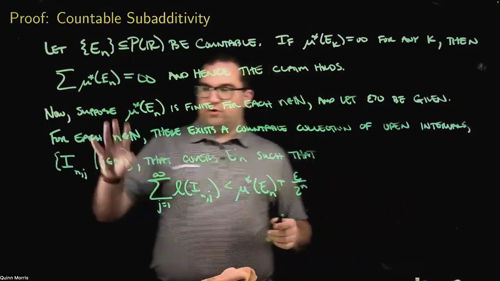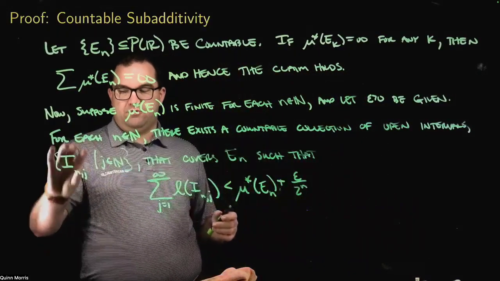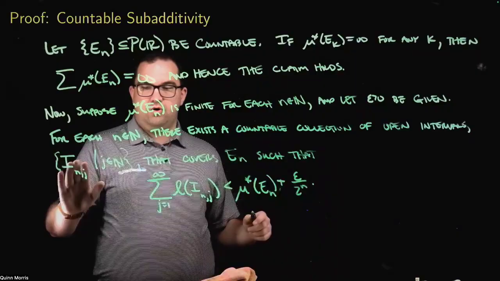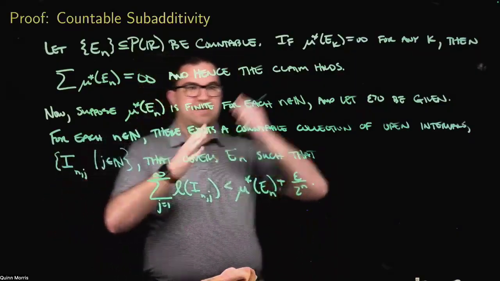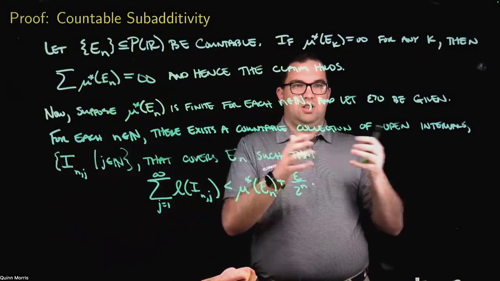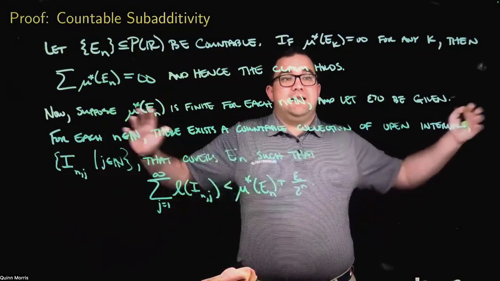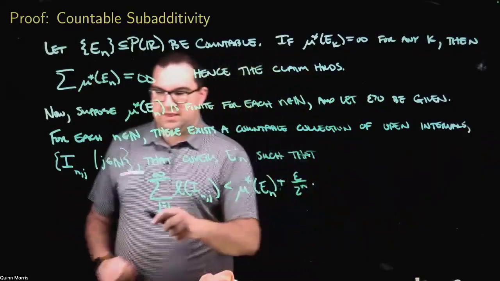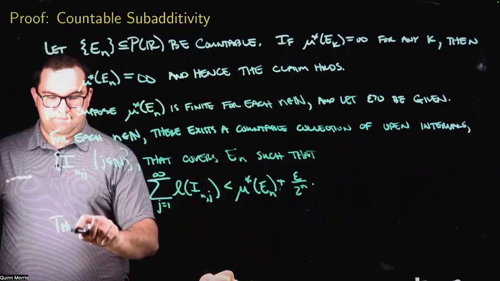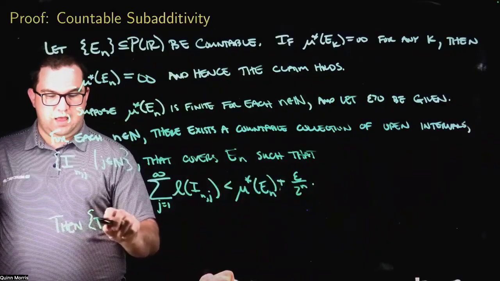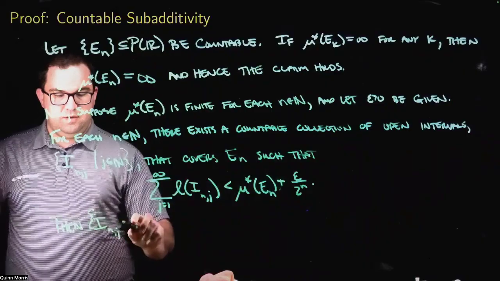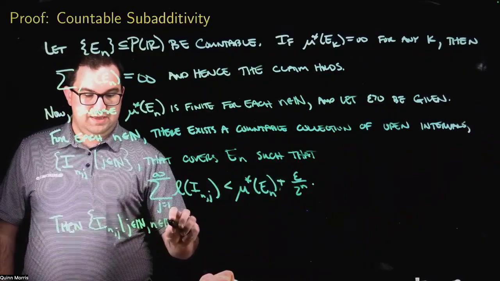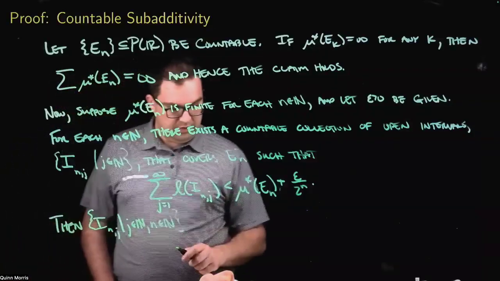For each fixed n, I have this countable collection of things. But now what if I union those over all of the E_n? Each particular E_n has its own collection of open intervals that cover it. Now I put them all into one big set. If I look at the set I_{n,j}, but now I don't just let j vary, I let n vary over the natural numbers as well.